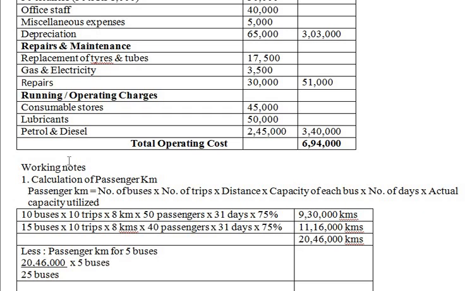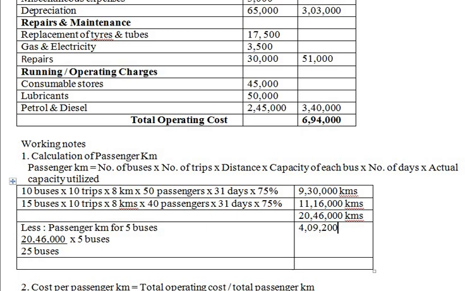Now calculate this. That is 4,09,200. Okay, now this is the kilometers wherein 5 buses would have run if it was not kept aside from the road or from the transportation.